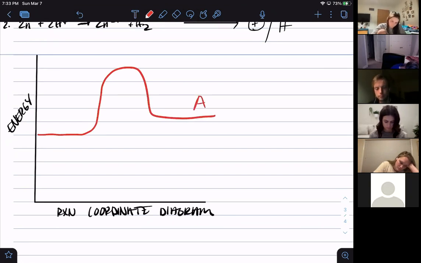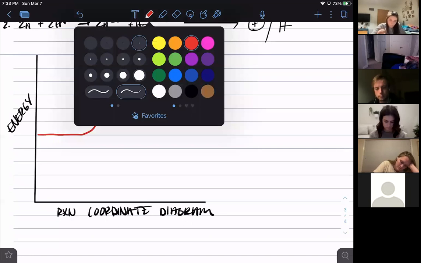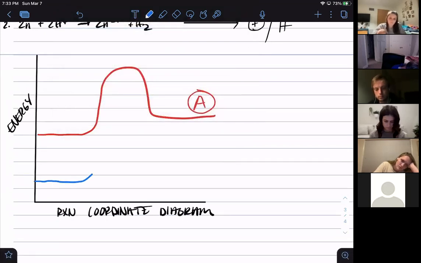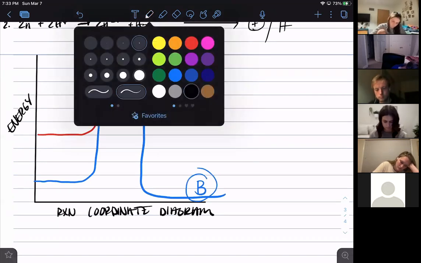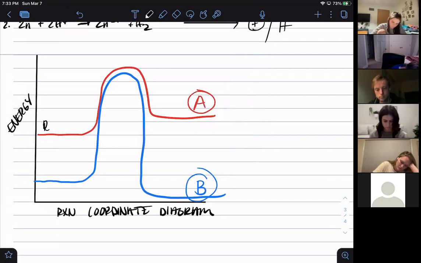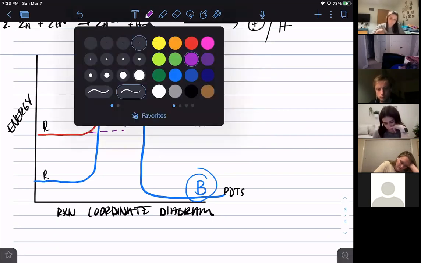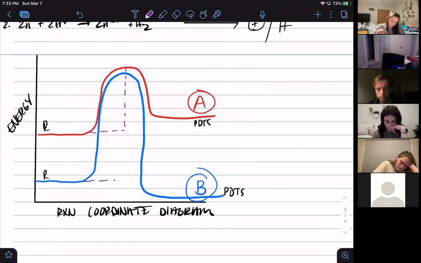A. B. R for reactants. P, D, T, S, products. Actually, I'm going to use pink for that.